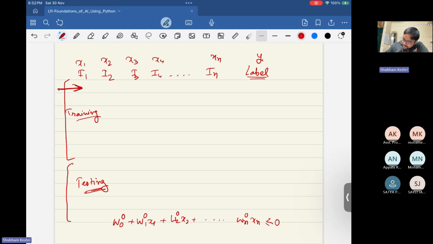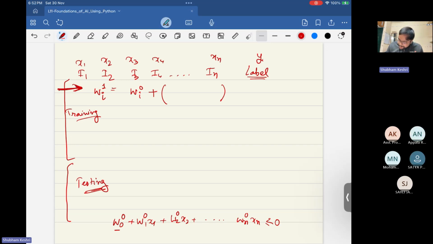So for the first row I will update wi. For the first iteration it will become wi of the 0th iteration, whatever value it had in the 0th iteration, plus some update. So in each iteration, for each row, I will update each w. In this iteration I'll update w0, w1, w2, wn, then again in the next iteration I'll update. So it is learning from the data.